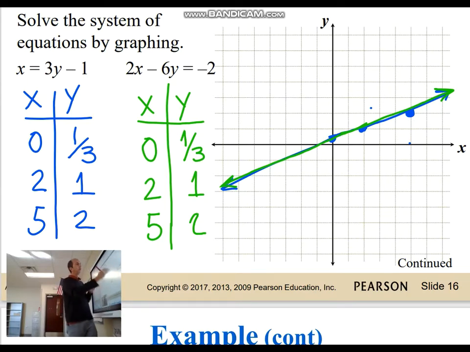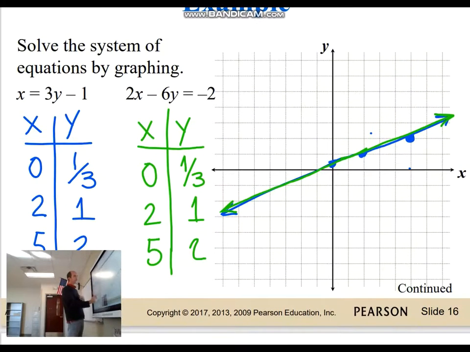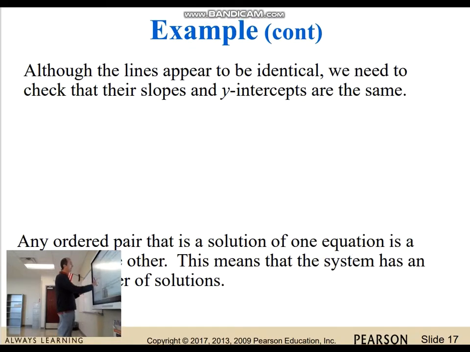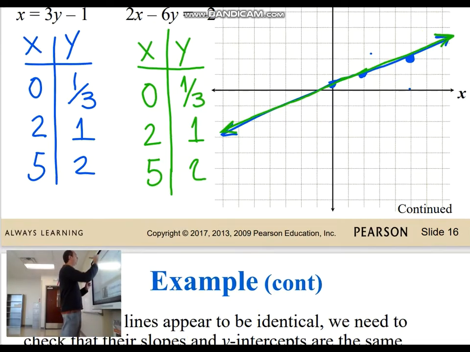All the points are solutions to the system of equations. We will have infinite solutions for this system of equations. And in this example, we can be sure because we checked the same points, right? We can see that they are really coincident.